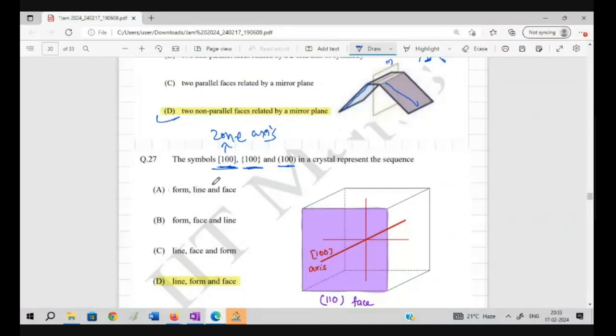The curly bracket always represents a form. And the representation of crystal faces is done with a parenthesis. So the correct sequence will be line, then form, then face. That means it will be option D.